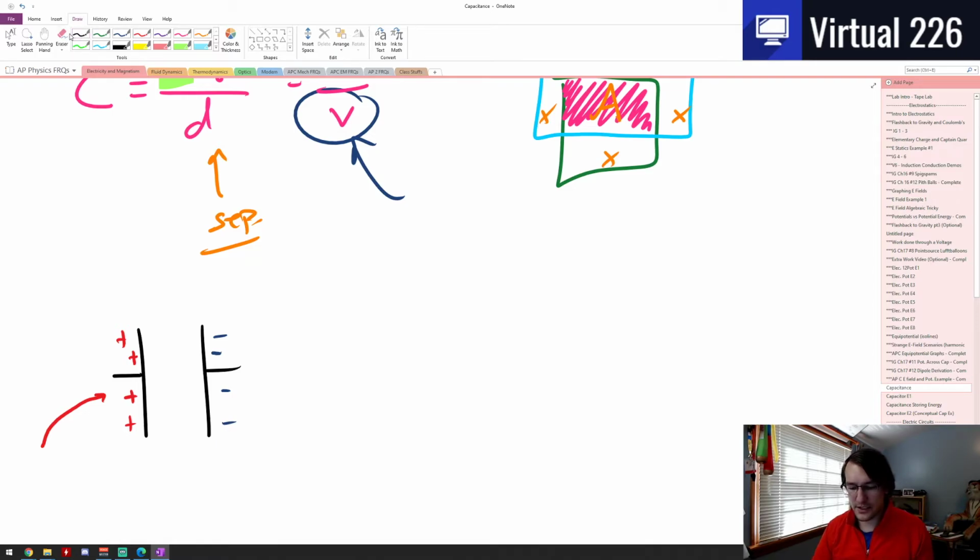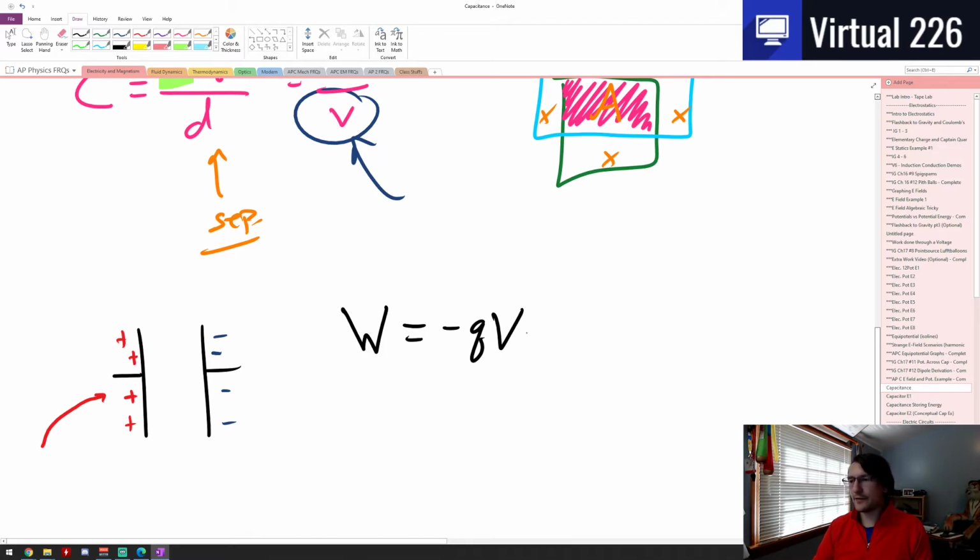Now, if we're doing work in this way, then what this means is that I can get work out of a capacitor. Work, if we remember, is equal to negative QV, where that V is a potential difference, and the negative deals in part with how we think about work and potential energies.